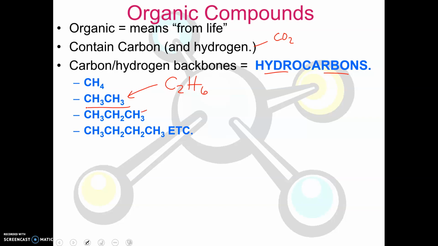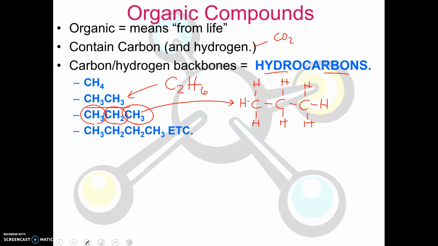If you were to actually draw this out, they're saying that the first carbon has 3 hydrogens attached to it, and then the second carbon in the chain has 2 hydrogens attached, and then that third carbon in the chain has 3 hydrogens attached. So this is sort of a shorthand way of showing what's attached to each carbon.